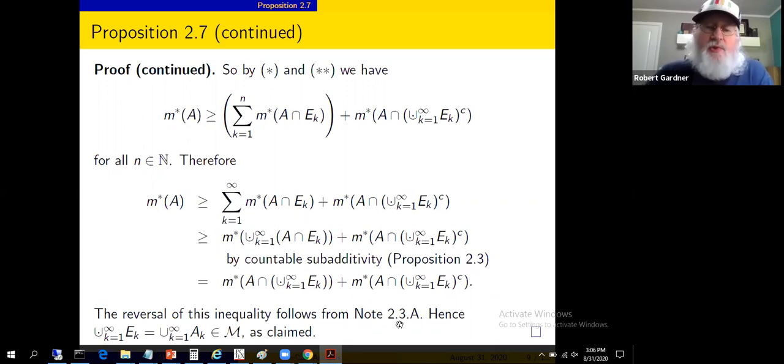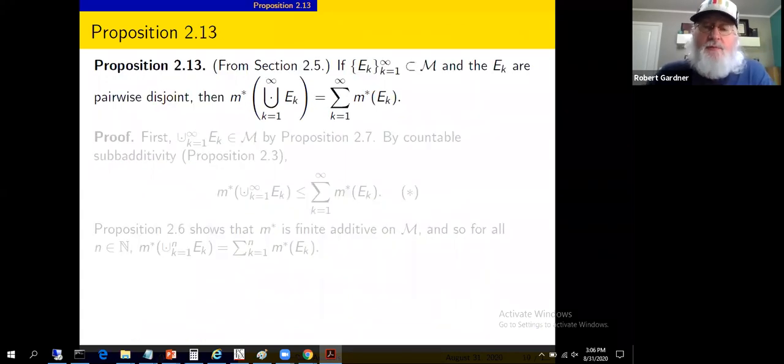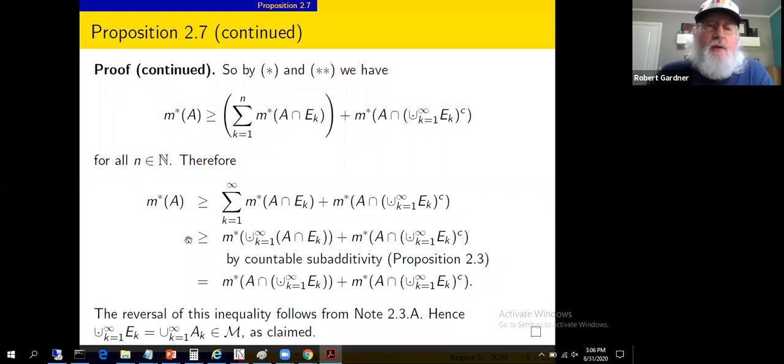It gives you the reversal of the inequality. So we can draw a conclusion of equality. Outer measure of A, reversing this inequality, establishes equality with this quantity here. That means this set here is a measurable set. So the countable union of the E sub k's is measurable.